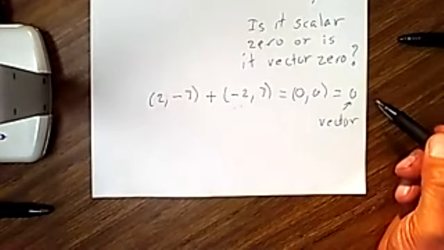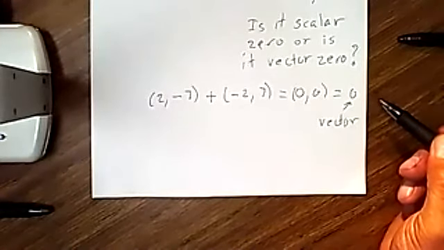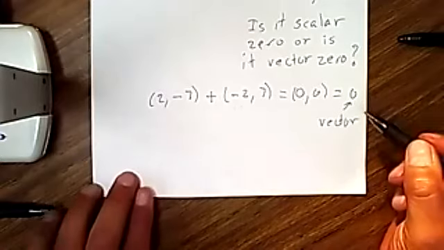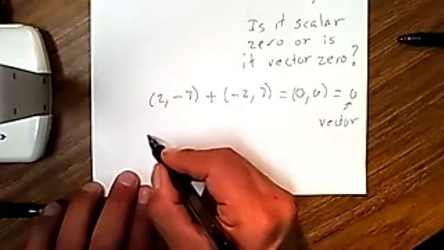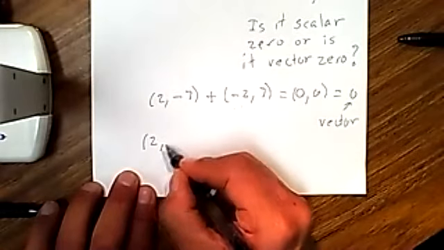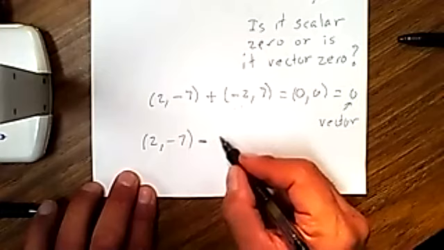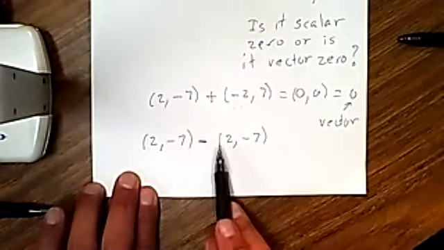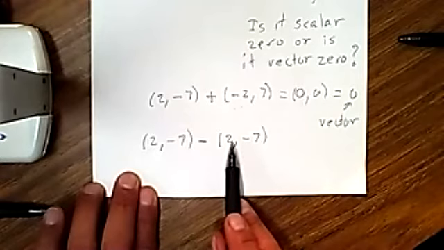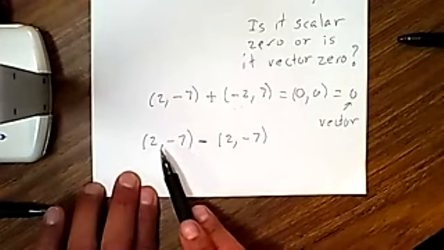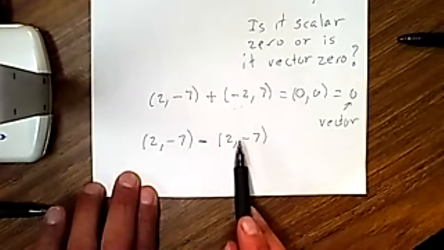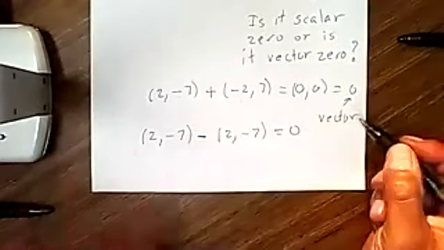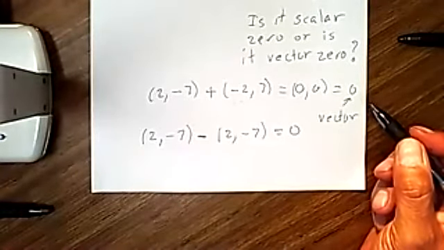Oftentimes we want to add the opposite of a vector. So instead of adding -1 times the vector, what we do is write minus. So 2 comma -7 minus 2 comma -7 means multiply the second vector by -1 and then add the first vector to the result. So in this case, we end up with 0 as we expected.